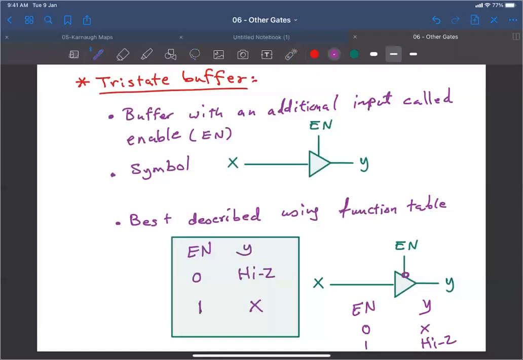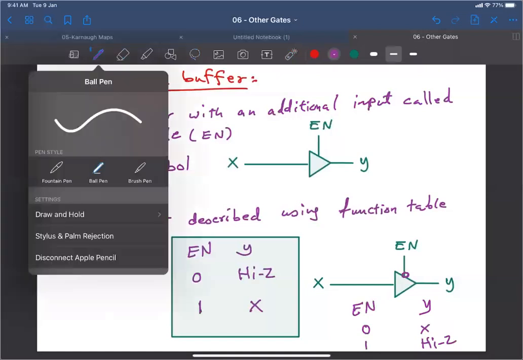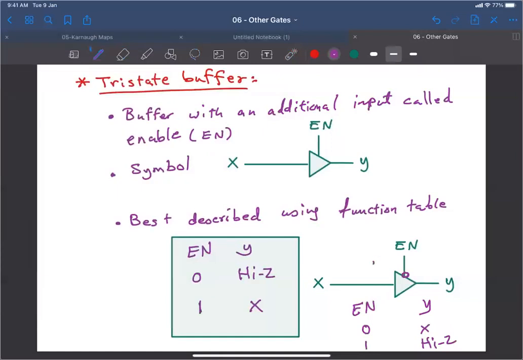We call this an active low control tri-state buffer, and this one is an active high control tri-state buffer. Active low means the device is activated when enable is low, and active high means the device is activated when enable is high.